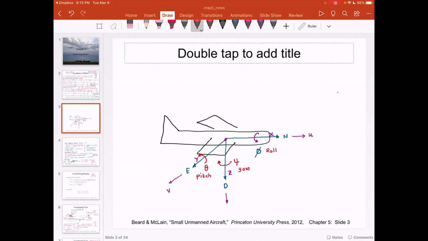Then in addition to that, we have the rates. So we have p, which is the body rate, in radians per second. We have q, and we have r. So we have p, q, r. These are the body rates.